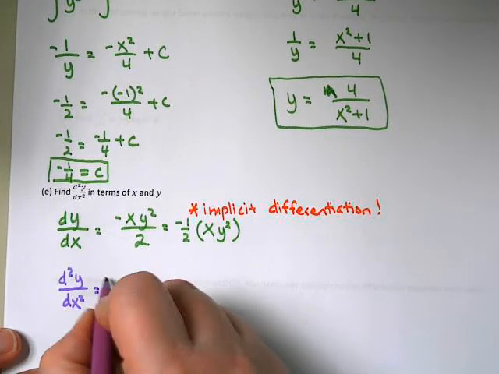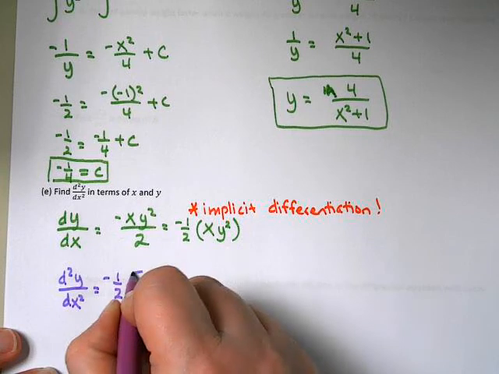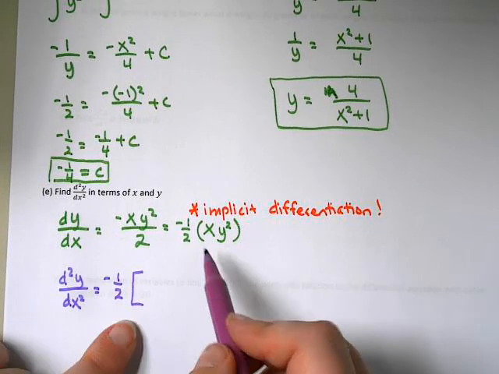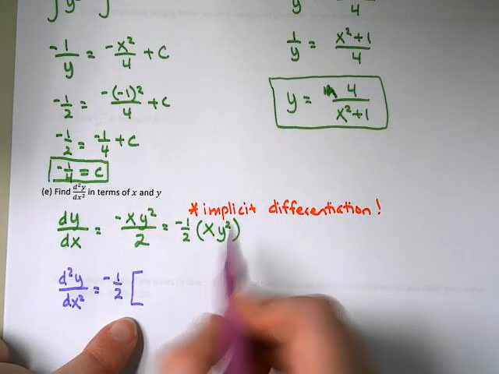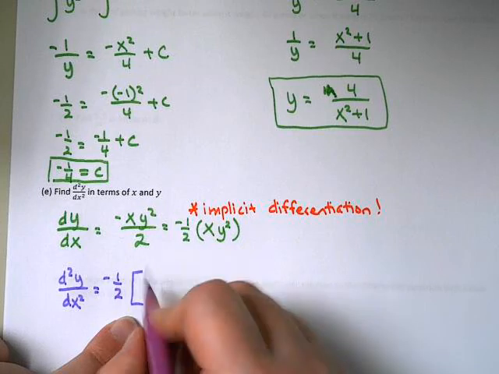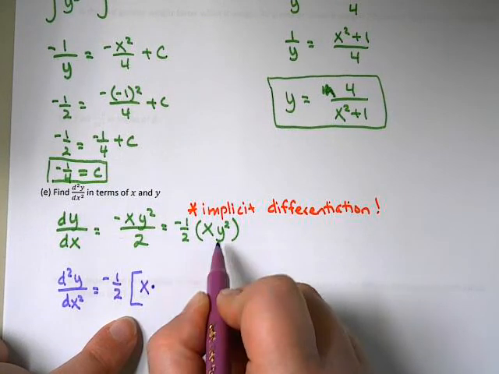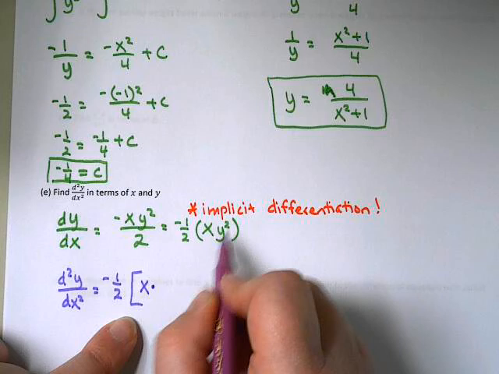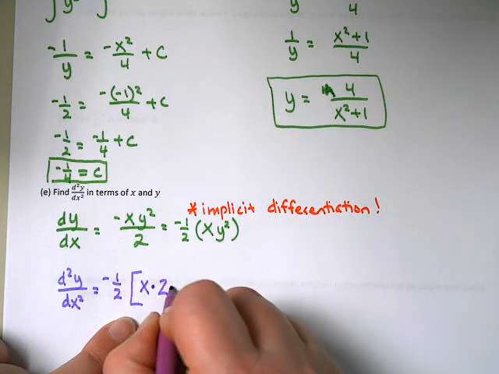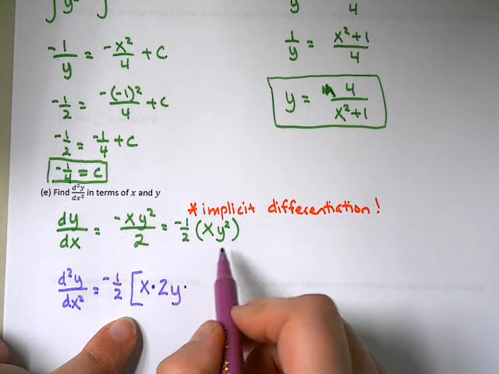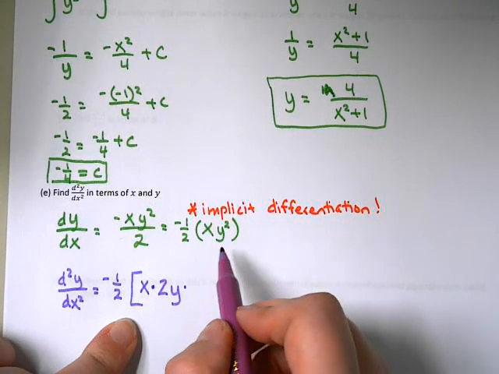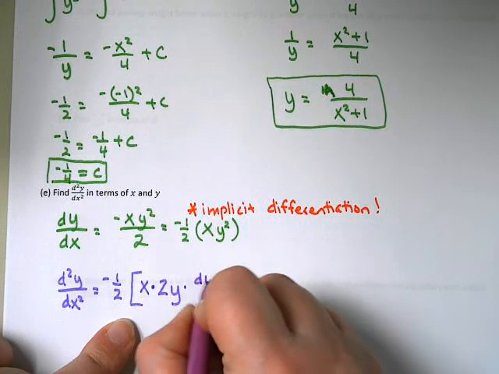is going to equal, I'm just going to put this negative 1/2 out front, and I'm going to worry about the product rule. So product rule says I'm going to take the first, which is x, the first function, and multiply by the derivative of the second function. Well, the derivative of y squared is 2y. But we need to remember that since it's a y, we also have to have dy/dx.